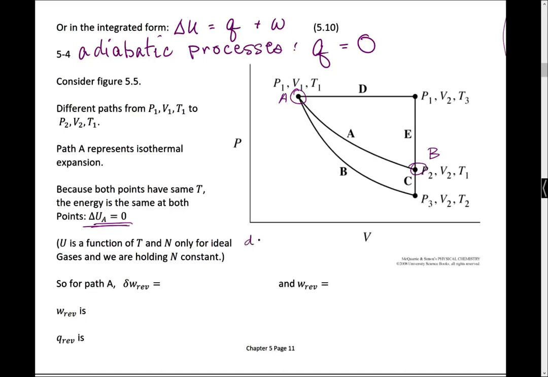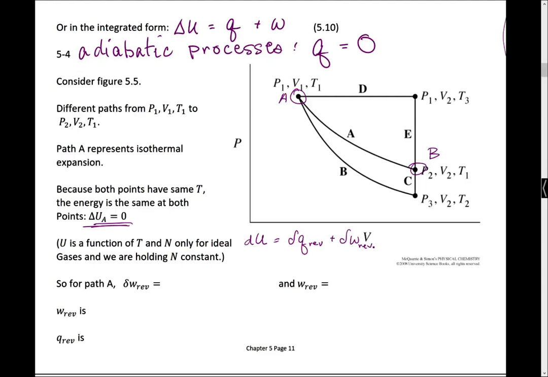And what we can say is that from the first law, the change in the system energy is given by the incremental change in energy due to heat transfer. We're going to choose the reversible process, plus the incremental change in energy due to reversible work. Because we know on this path that delta U is equal to 0, and I'm performing it reversibly, I know that every step of the way this is equal to 0.